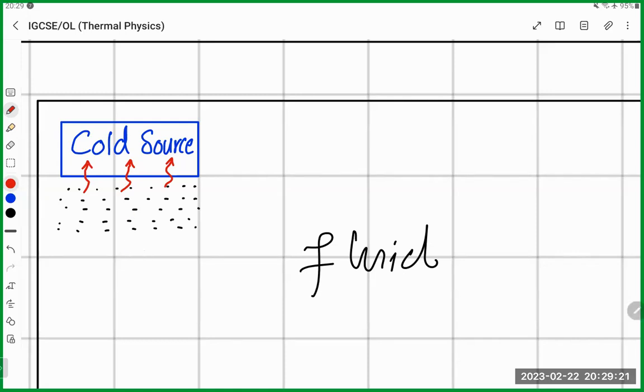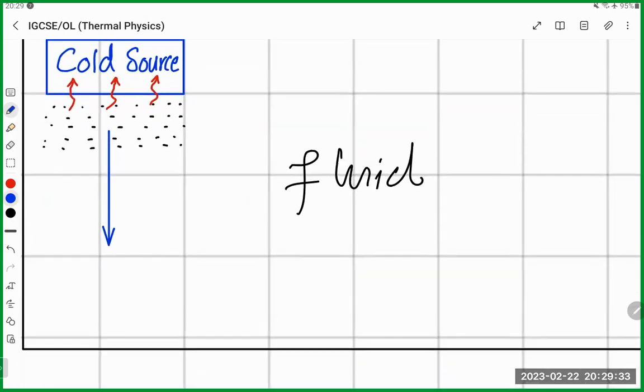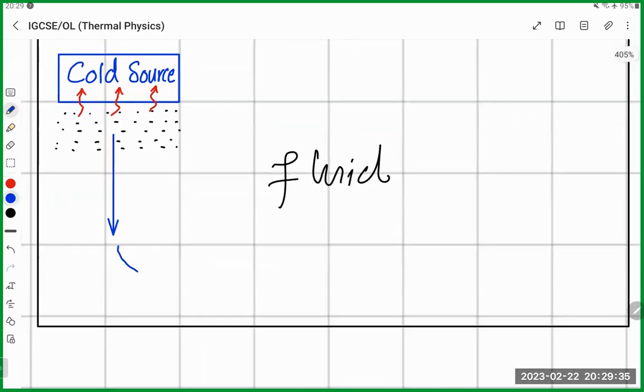So this should sink down gradually. It will be gaining heat energy from the surrounding.